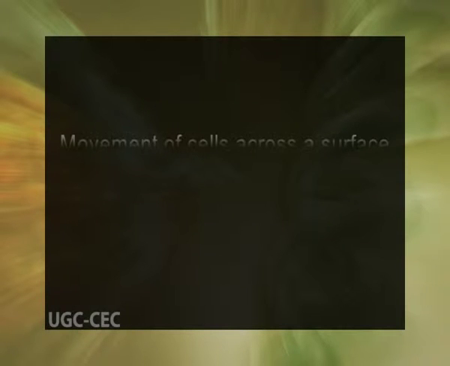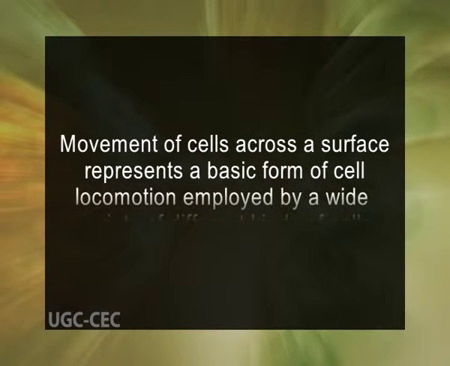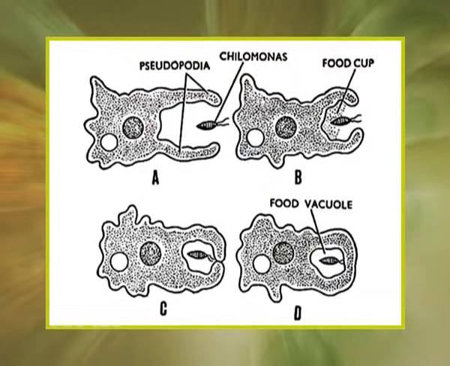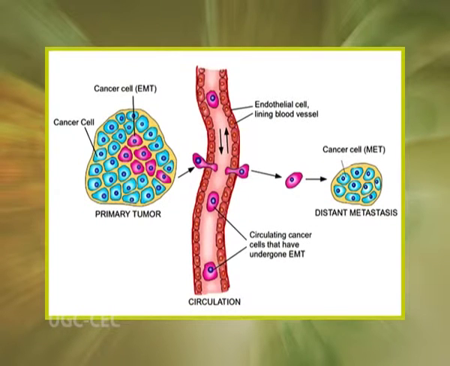The movement of cells across a surface represents a basic form of cell locomotion employed by a wide variety of different kinds of cells. Examples include the crawling of amoebas, the migration of embryonic cells during development, and the spread of cancer cells during the metastasis of malignant tumors.